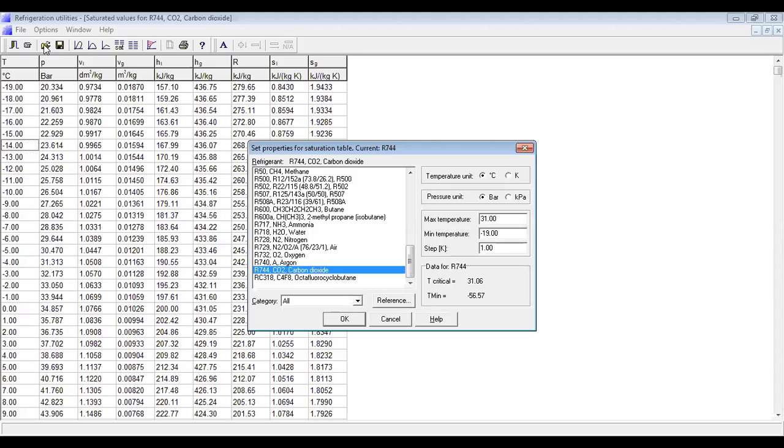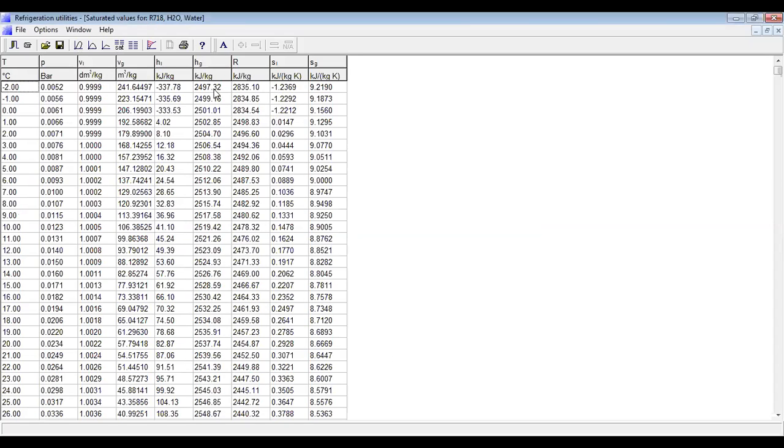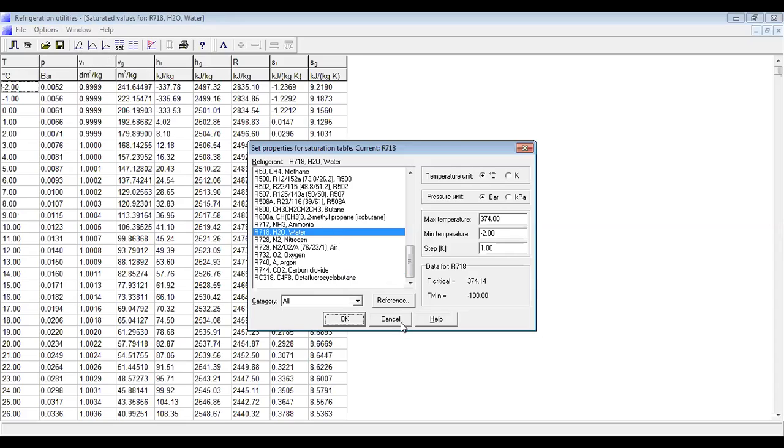If you look into water again, the T minimum is -100 here, and there may be corresponding low pressures. But here you can set the minimum temperature to -2 or even -20.